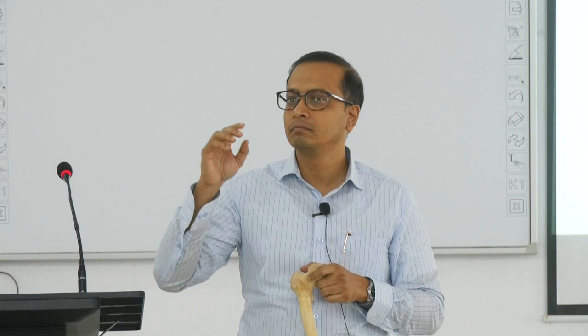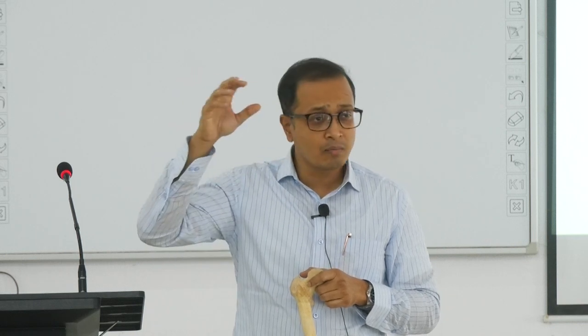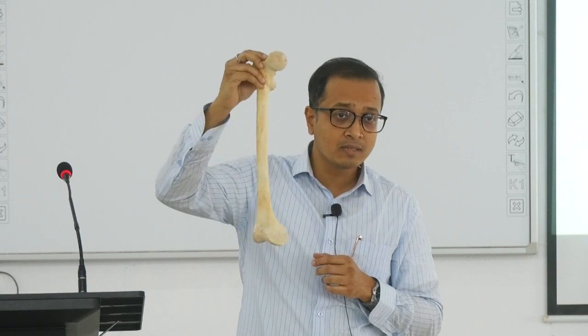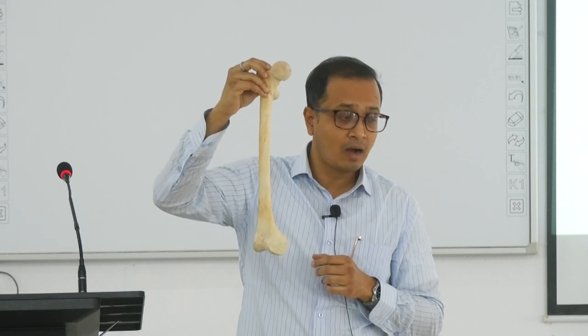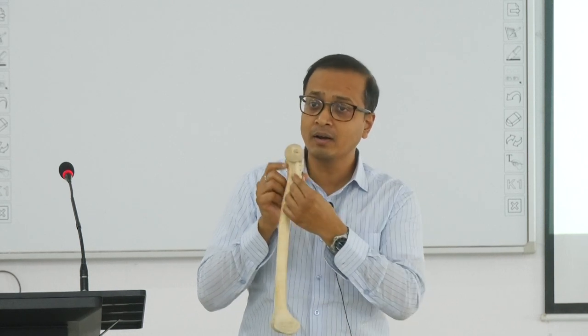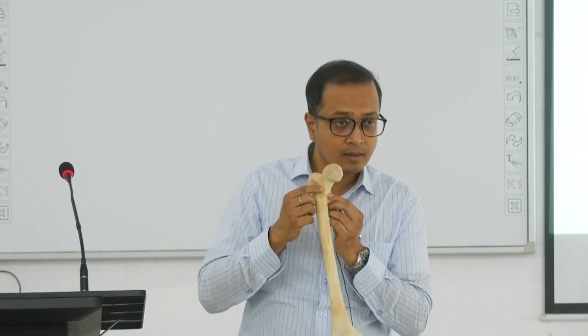So neck, two borders. What are the borders? What are the borders neck has? Upper border, lower border. How many surfaces? Anterior, posterior. What feature in the anterior surface we have? Between greater trochanter and lesser trochanter? Intertrochanteric line.